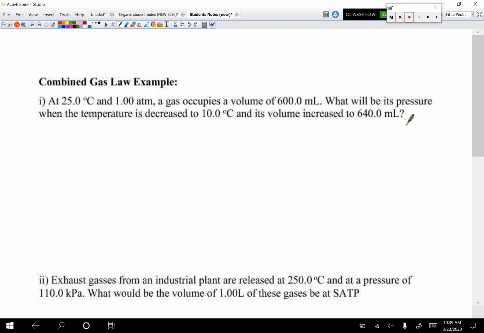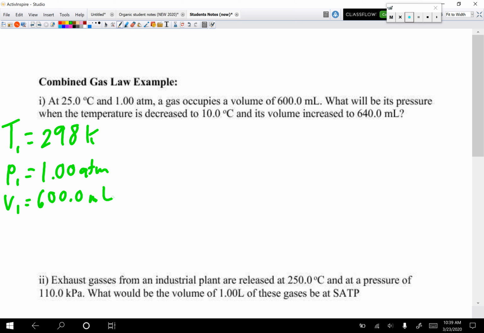Just like before, make sure to write out all of our units. So T1 is equal to, I'm not going to show the conversion right now of getting it into Kelvin, but we have 25 degrees Celsius, and this is going to equal 298 Kelvin. We have P1 is equal to 1.00 atmospheres, and V1 is equal to 600.0 milliliters.